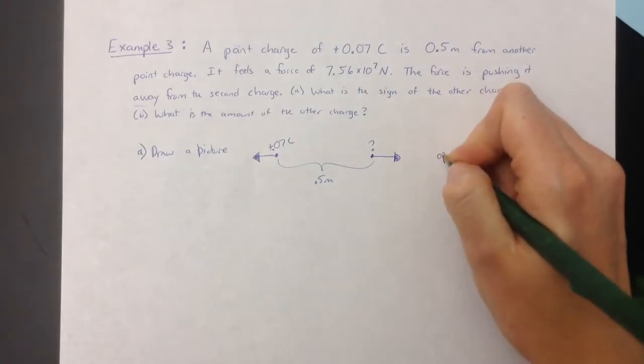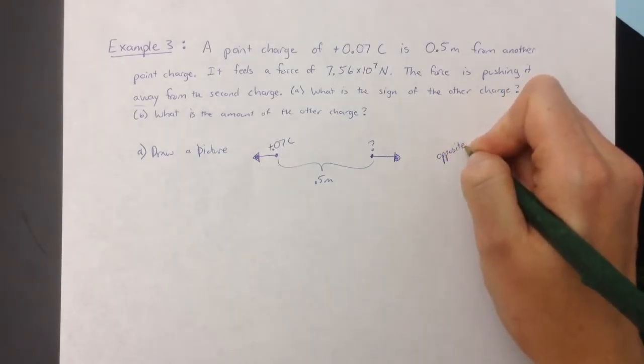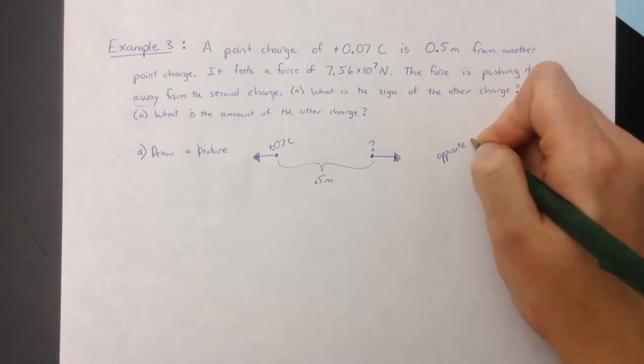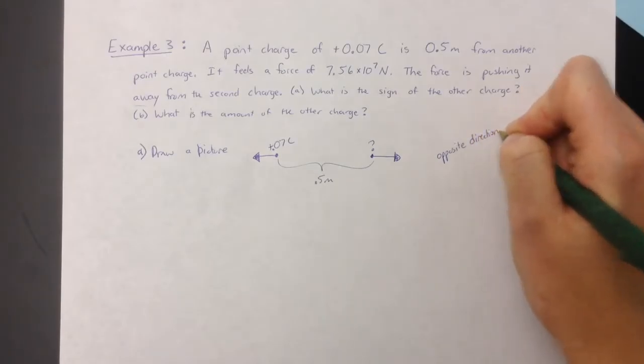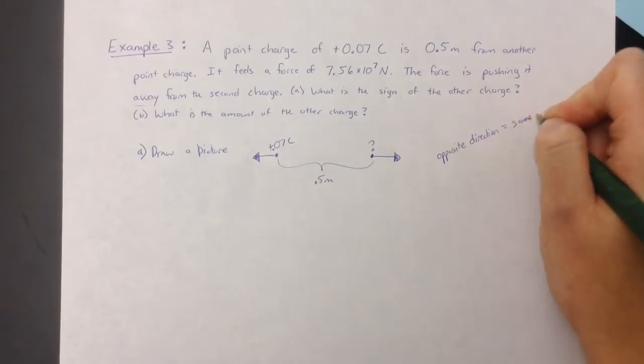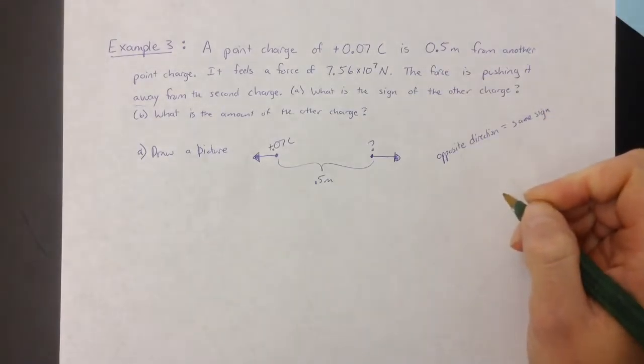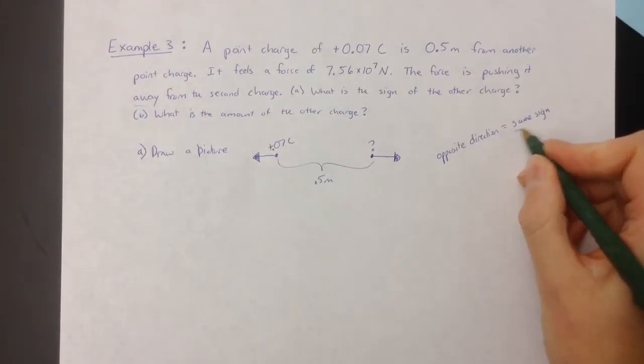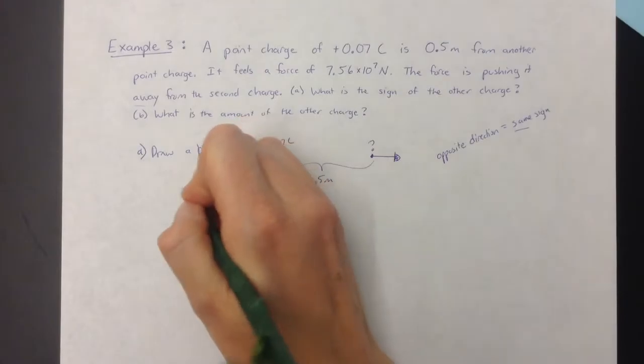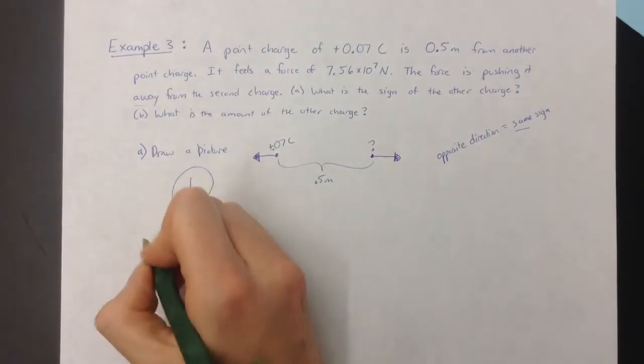Well, since they're pushing in opposite directions, that must mean they are the same sign. Opposites attract, likes repel, so they've got to be likes here. So this must be positive.